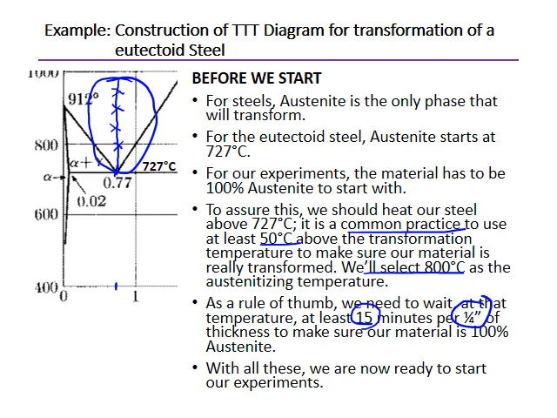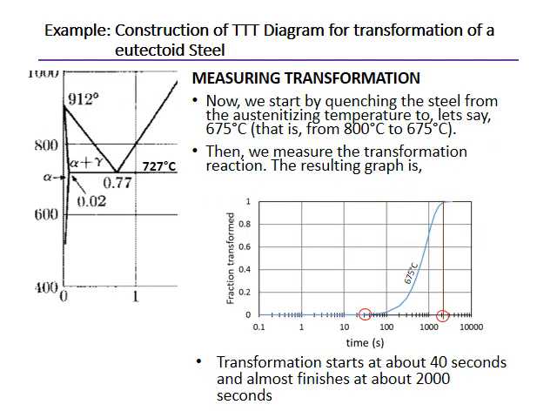With all this in mind, we are now ready to start with our experiments, okay? So for constructing this temperature time transformation diagram for the eutectoid steel, let's start by quenching this material to, let's say, 675 Celsius.